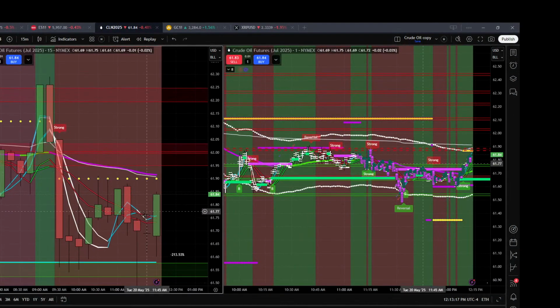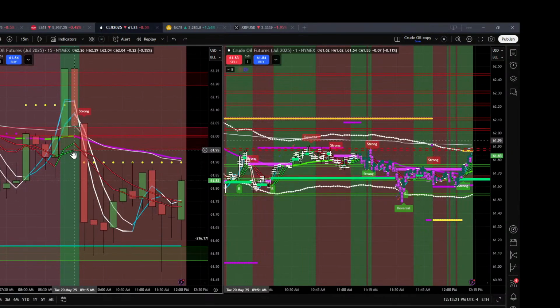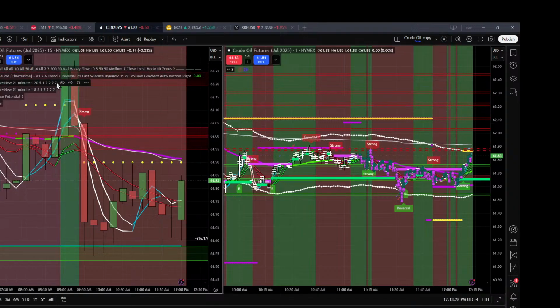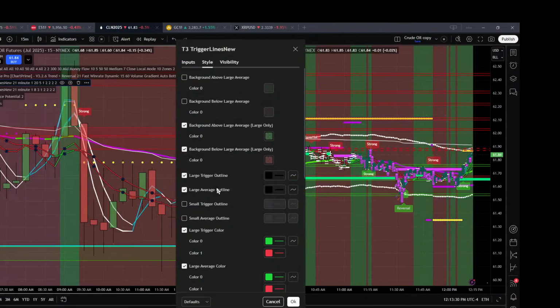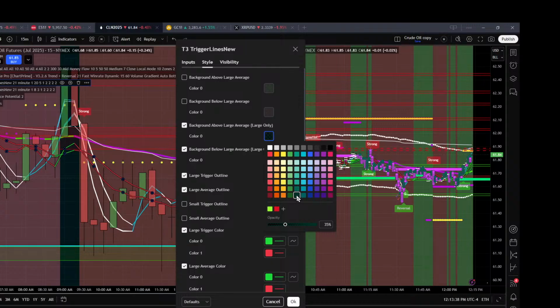Watch this. The background, Jerry, is that what's getting you? So if you go to your indicators and you go to the trigger lines and go to settings, background above large triggers. So you can go bright green, you can go really dark green, hell, you can make it yellow. Pick whatever you want.